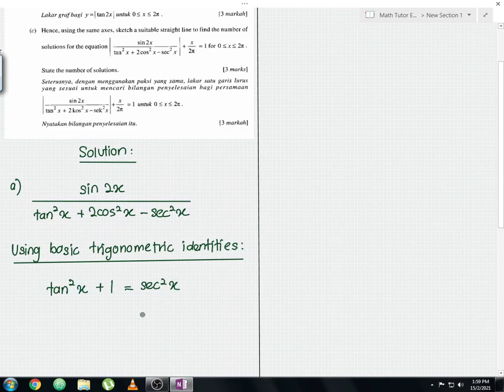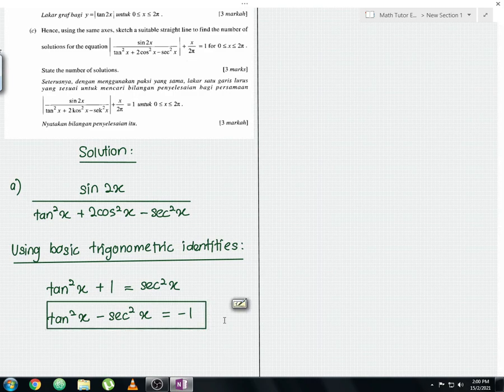In order to simplify tangent square x and negative secant square x, we move the secant square x from the right hand side over to the left hand side, and the positive 1 over to the right hand side. So from here, tangent square x minus secant square x should equal negative 1. Okay, let me box this equation.